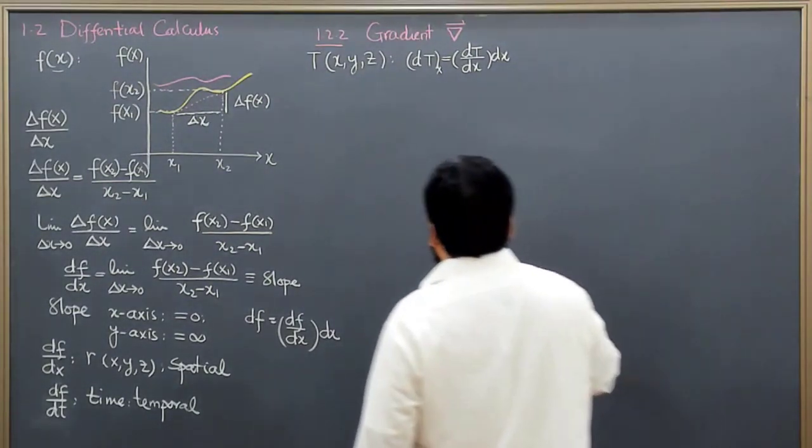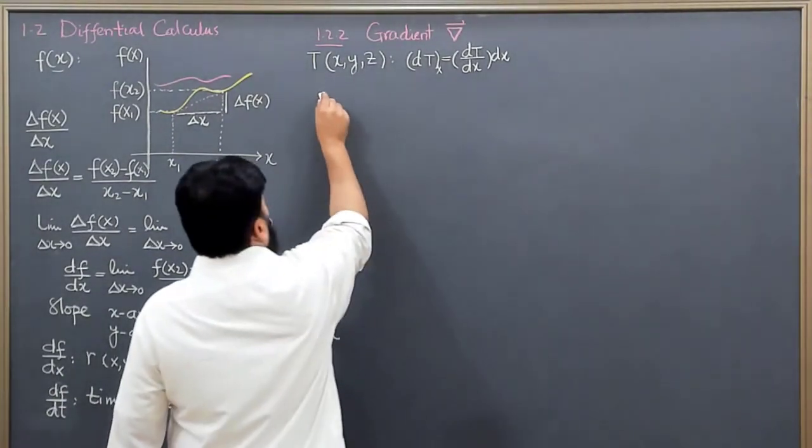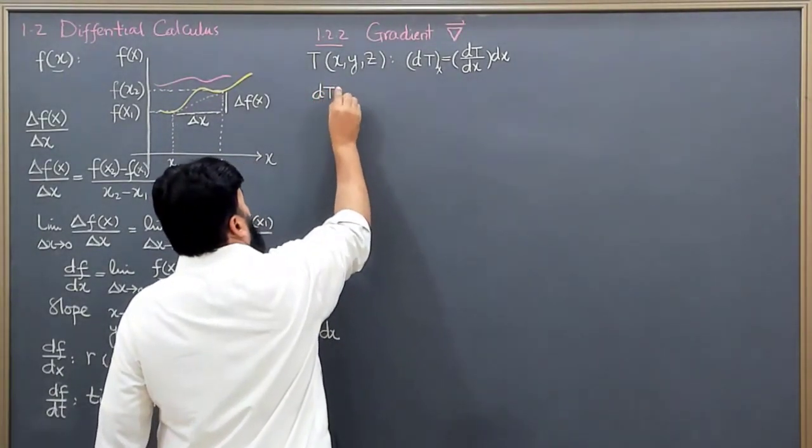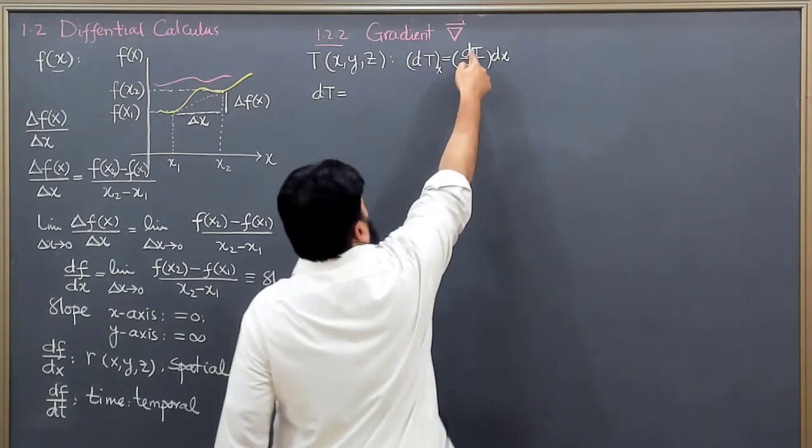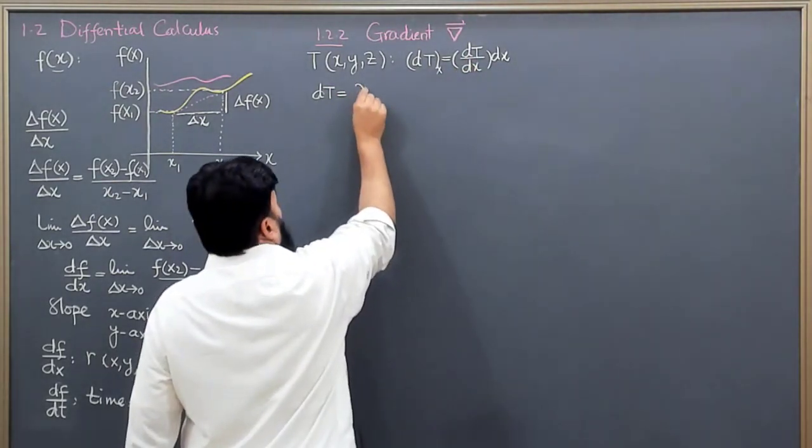So this dt is equal to this differential. I will now write it in partial differential form.